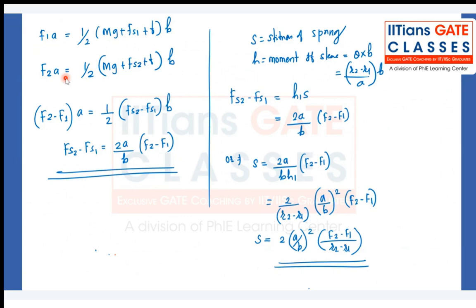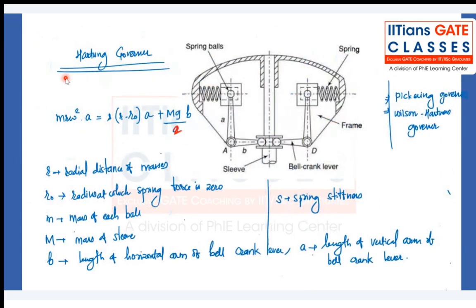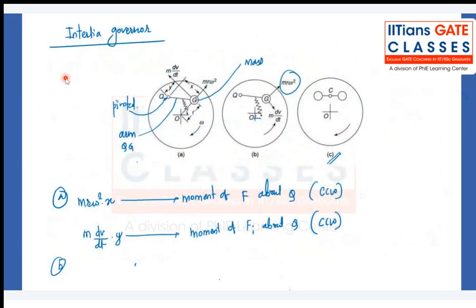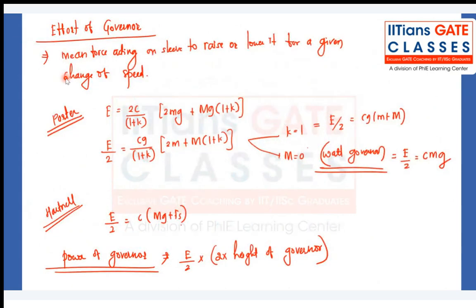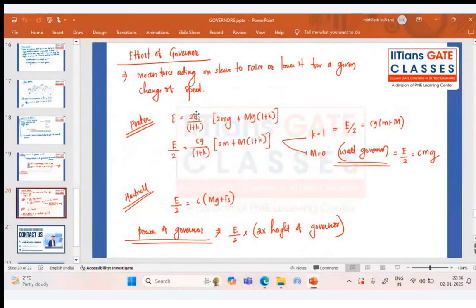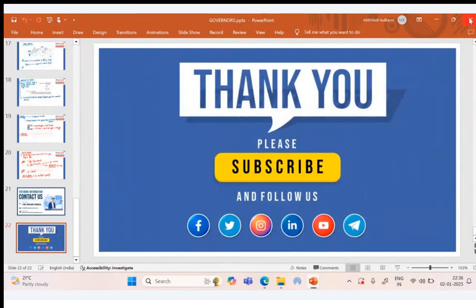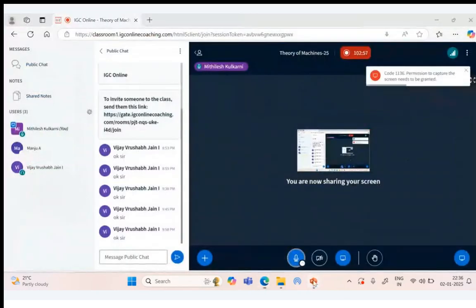I think that's all. Other are the basic concepts which we have already discussed. And then this is the effort of the governor formula. So this is the overview, just to revise what we have studied in this topic. I think now we can go towards the problems.